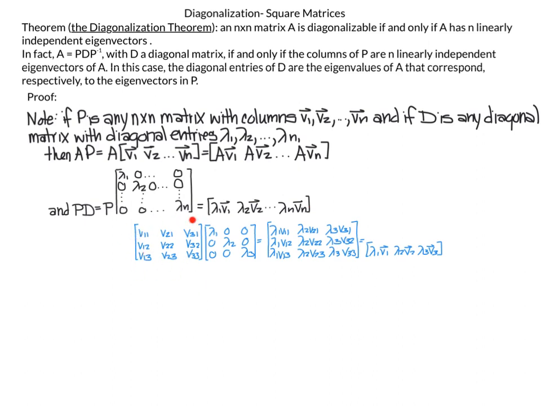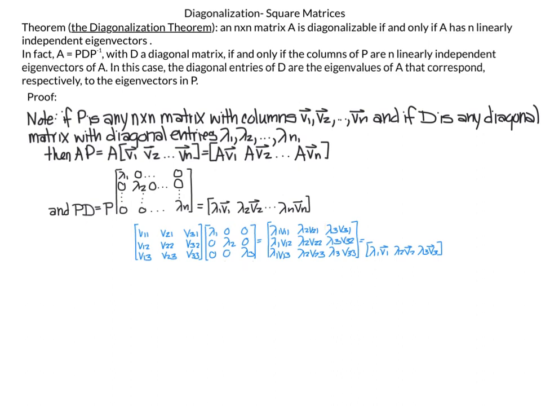But anyway, I have my 3 vectors in a matrix times my diagonal matrix, which has my eigenvalues on the diagonal of my 3 by 3 matrix. And you can see when I do the multiplication, I multiply row times column, I'm going to get lambda 1 v11 and then 0, 0. Over here, this row times this column is going to pick out my lambda 2 times v21, and then the other things are multiplied by 0.